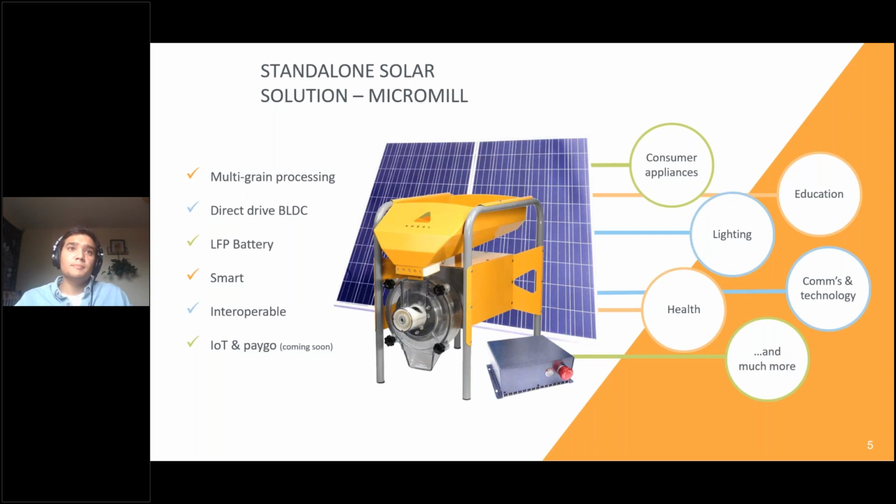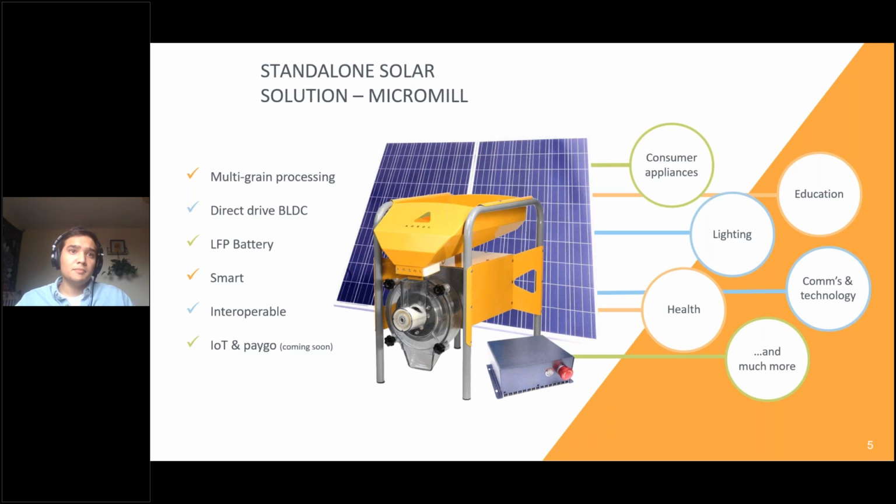So Agsol's been working in this space for 4 or 5 years now, and we're at iteration 4 of our product range. I suppose that highlights how complex it is to get the unit economics right for milling, and I'll come back to some of those challenges later in the presentation.